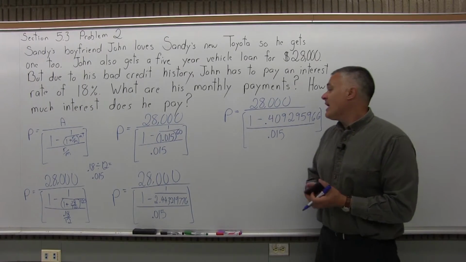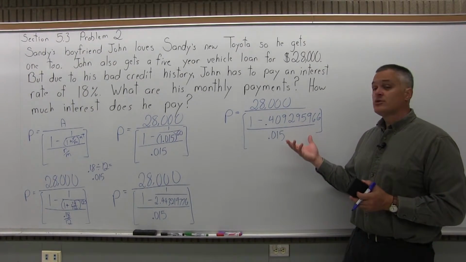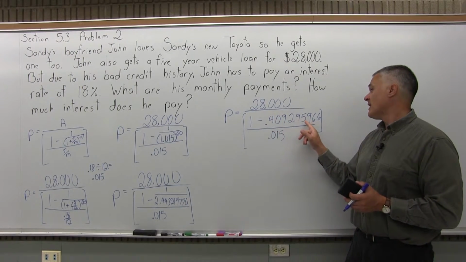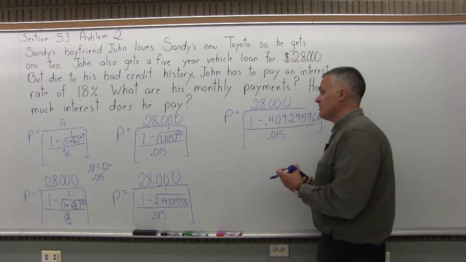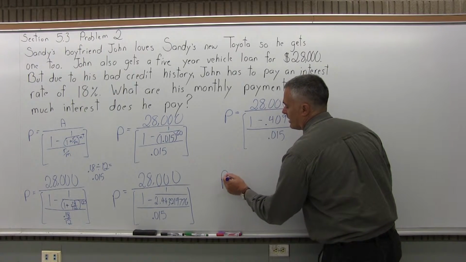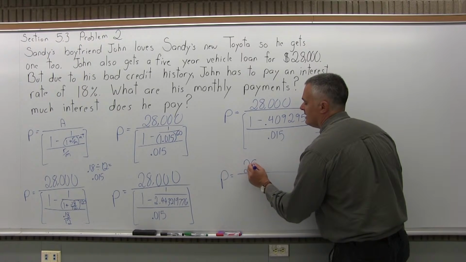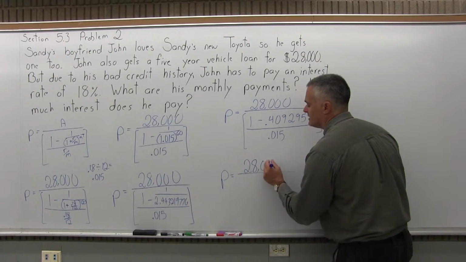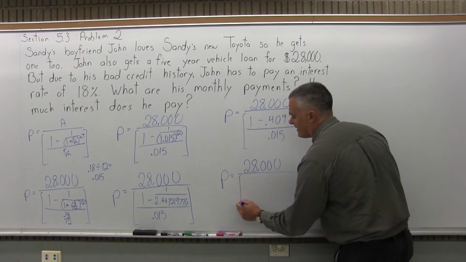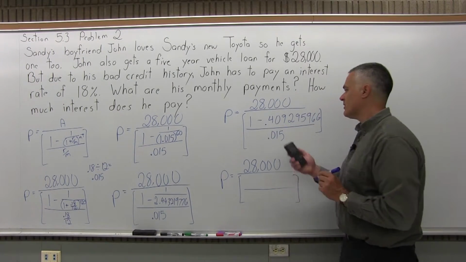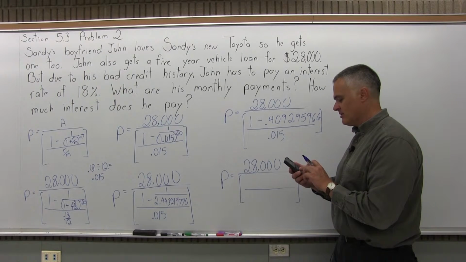So now in the numerator of the brackets, I do have a subtraction that I need to perform, 1 minus 0.4092959966. So let me do that. When I do, I'm going to have P equals 28,000 on top still. And then the brackets will have 1 value in the numerator, 1 value in the denominator when I do the subtraction that I need to do.